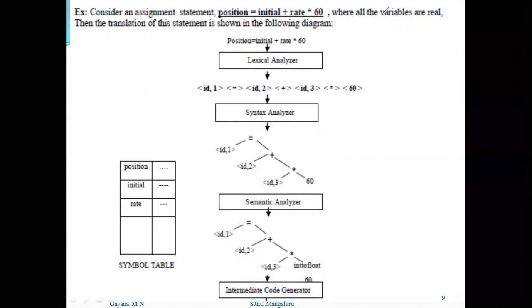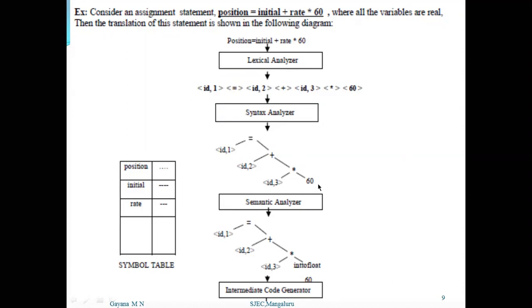The translation of this statement is shown in the following diagram. We begin with the lexical analyzer, resulting in the generation of the token stream ID1, ID2, ID3, and then 60, which is passed on to the syntax analyzer. The syntax analyzer results in the generation of the syntax tree.